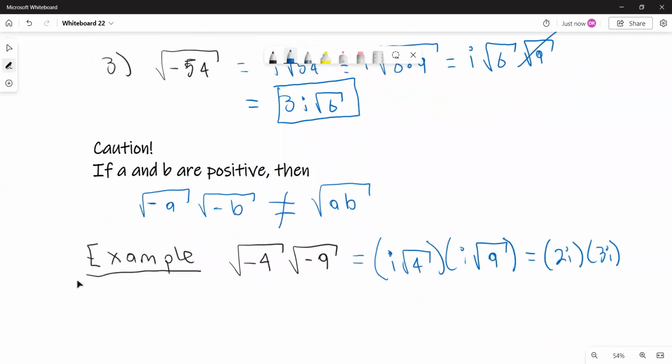But 2 times 3 is 6, and i times i is i squared. But i squared is negative 1, so this is 6 times negative 1, or negative 6.